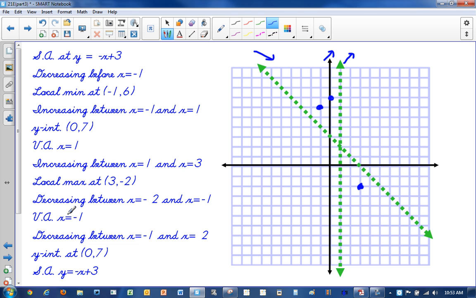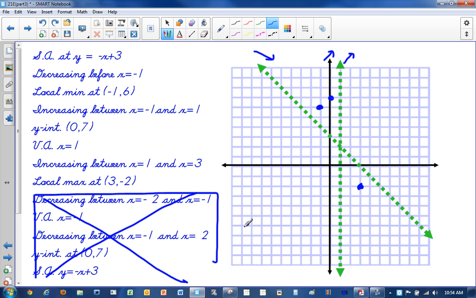And then I'm decreasing everywhere. Okay, this is not good. Not sure what happened there. But I still have my slant asymptote there. I am decreasing everywhere after x equals 3.